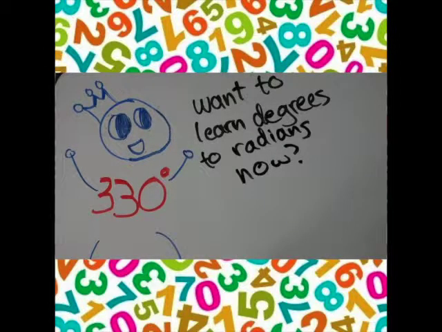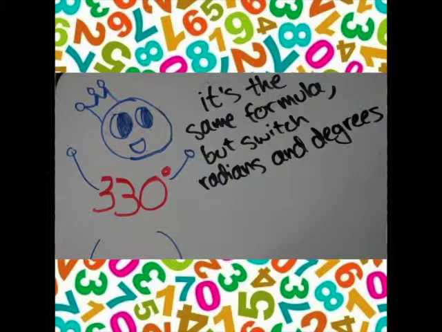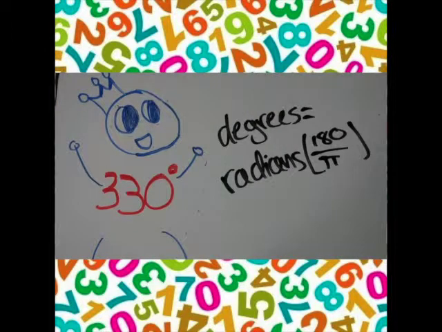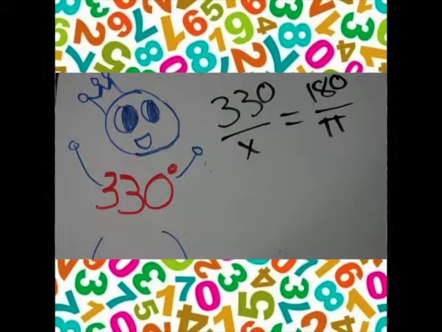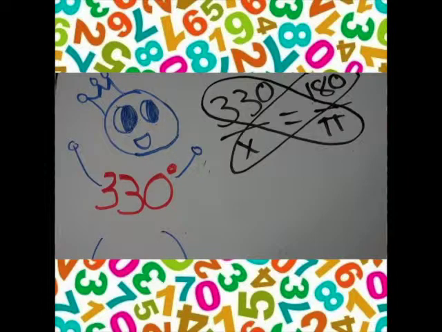And then to convert degrees to radians, it's the same formula, but you switch radians and degrees. And you also switch 180 and pi. So degrees equals radians times 180 over pi. So 330 over x equals 180 over pi. Cross multiply.